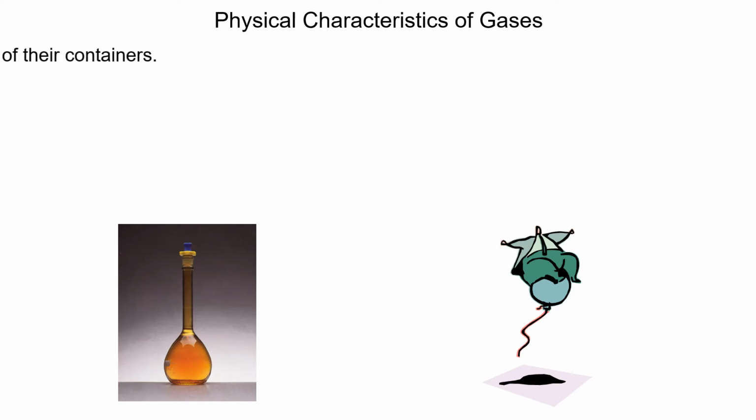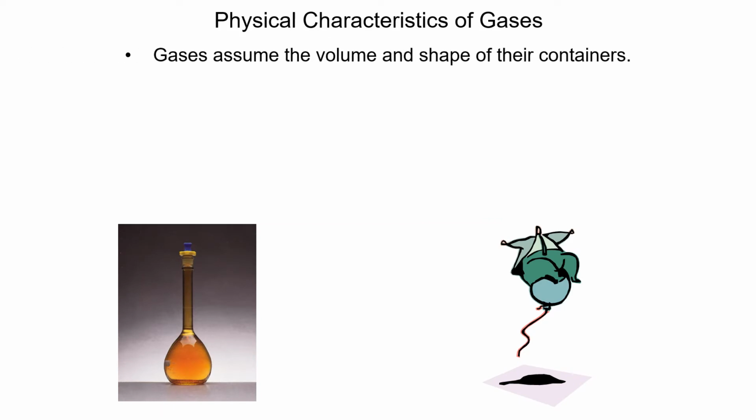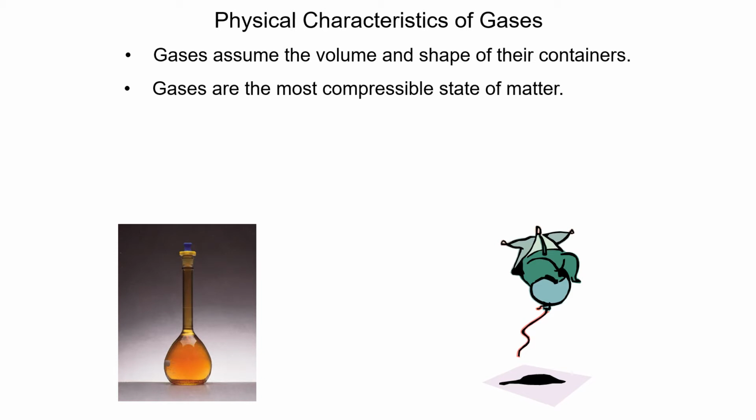So going back to chapter 3, the physical characteristics of gases. Gases assume the volume and shape of their containers. They are compressible, so we can compress them into smaller volumes.